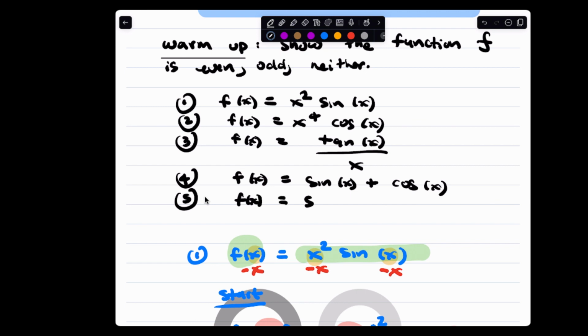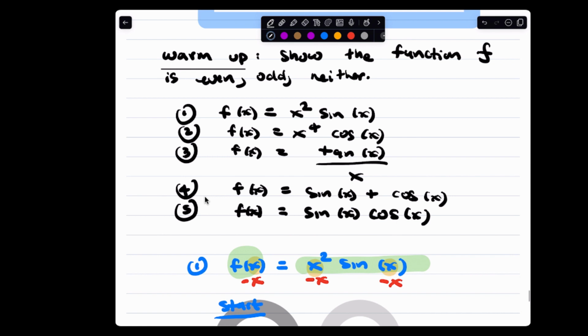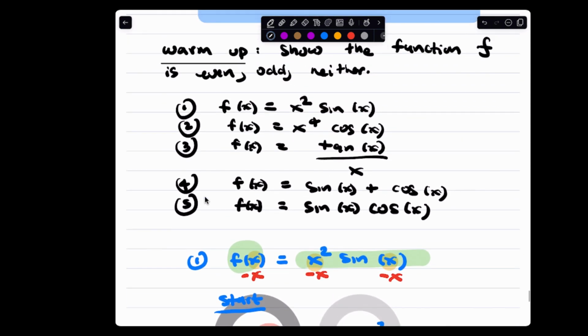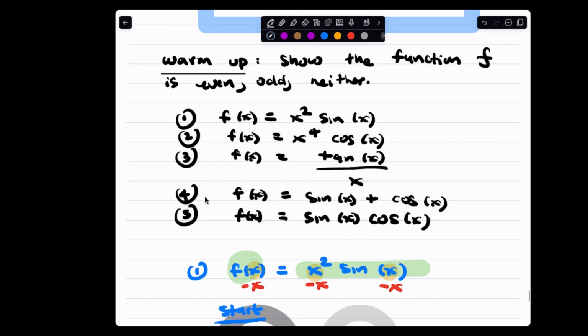How about if we put sine x times cosine x now for number 5. I'm going to give you guys some time to do the same process. You want to replace your x with a negative x and see if the function's even or odd, and you could have neither. It may not be either.